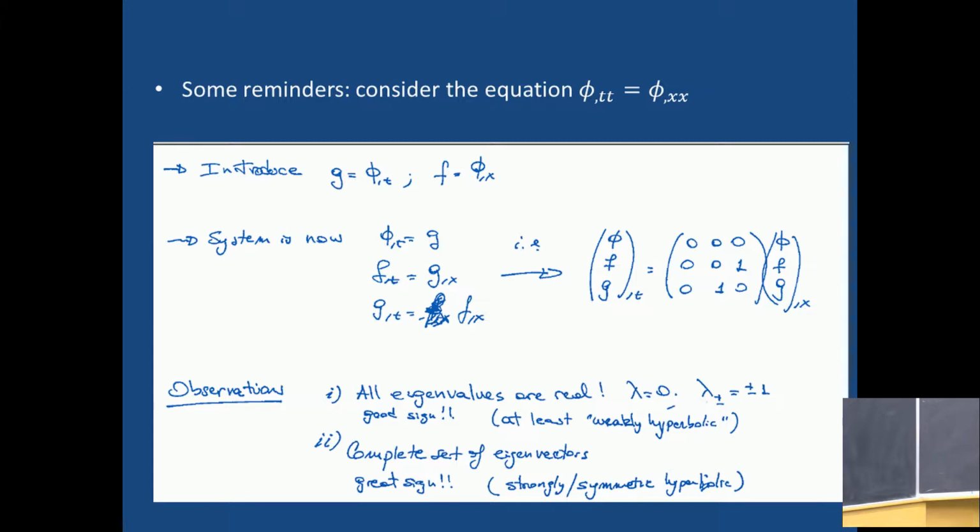So the time derivative of the field phi is equal to g. The time derivative of the field f is the gradient of g. The time derivative of g is the gradient of f. So we have that system of equations. And for many reasons, it's going to be convenient to write it in matrix form. So we take all our unknowns and put them in a vector.